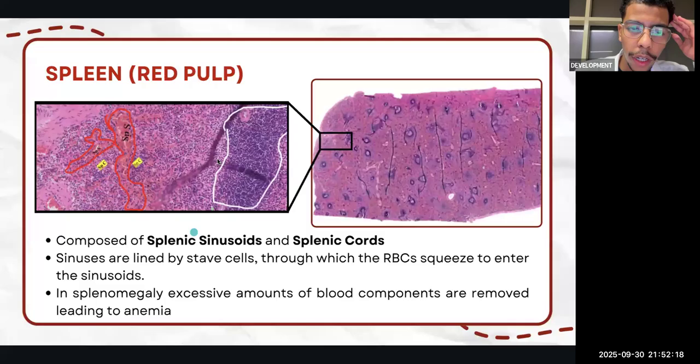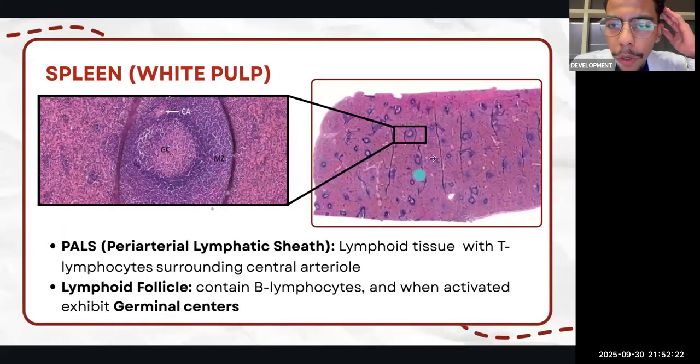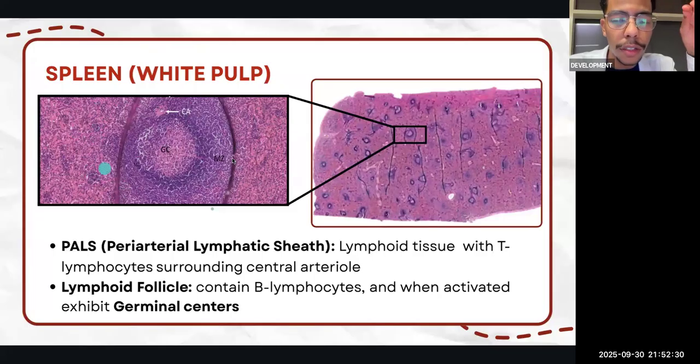The black lines are the PALS? No, the PALS are the purplish parts. Look, I'll show you here. Can you guys see this whole thing? This whole structure is called a PALS. Actually, know the full name: periarterial lymphatic sheath. So it surrounds the what? The central arteriole.